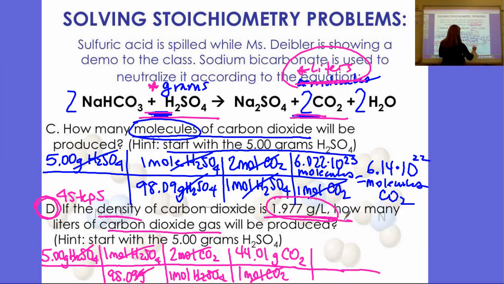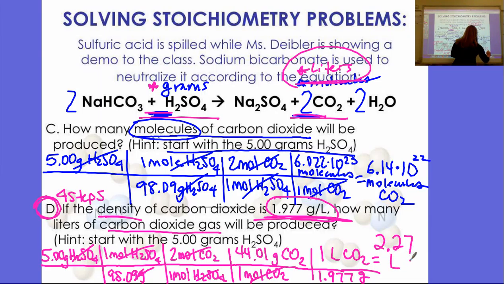Now I have to use the density, which is specific to each substance, so that's why I have to give it to you for each problem. 1.977 grams is equal to 1 liter of CO2. Punching that into your calculator, I got 2.27 liters of CO2.